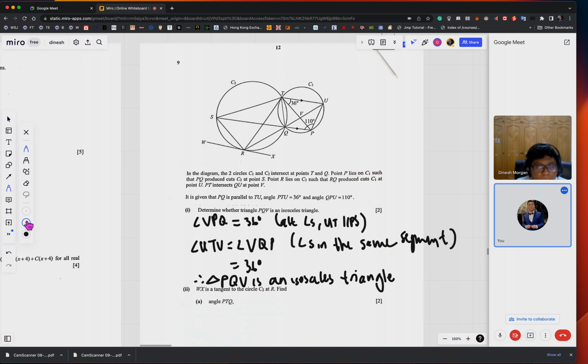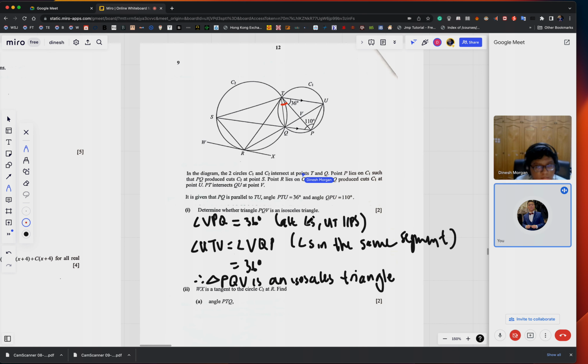Oh, it's opposite angle. Cyclic quad because this is equal to this. Then you can get.